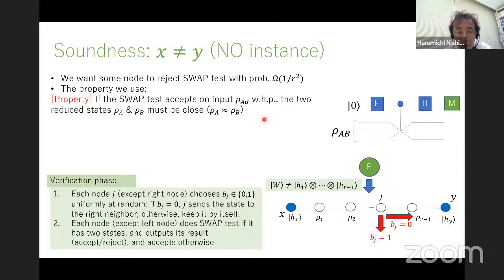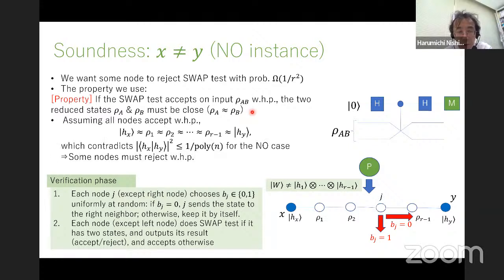This is our technical property. If this property holds, then all nodes accept with high probability.